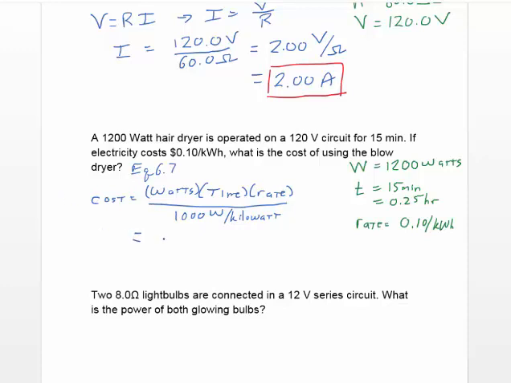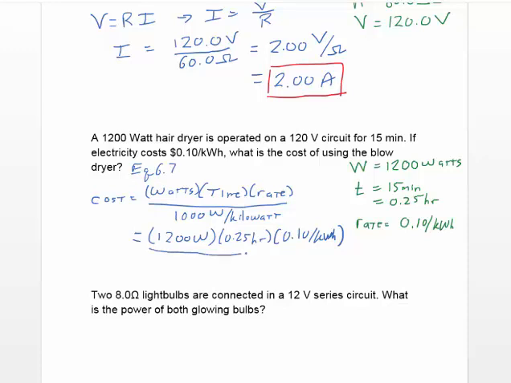What is our cost? The wattage is 1200 watts. The time is a quarter of an hour, so we multiply that by 0.25 hours. The rate is 10 cents per kilowatt hour.